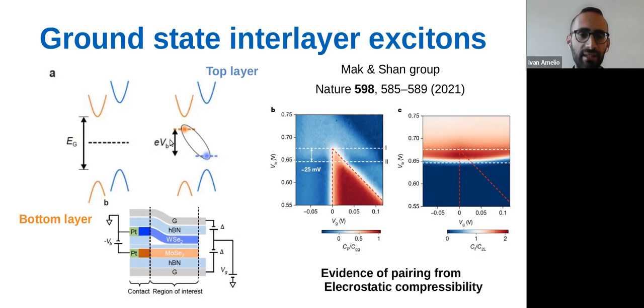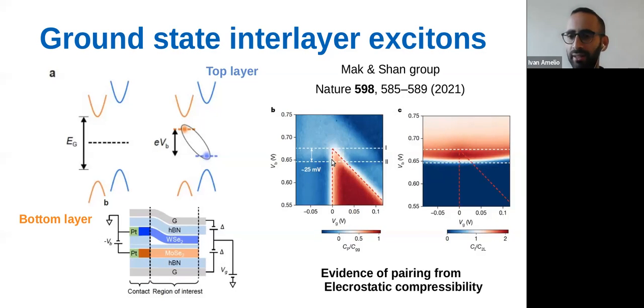Such a phase has been realized by the Cornell group last year, using two layers of transition metal dichalcogenides separated by an hBN layer that basically prevents tunneling between the two layers.